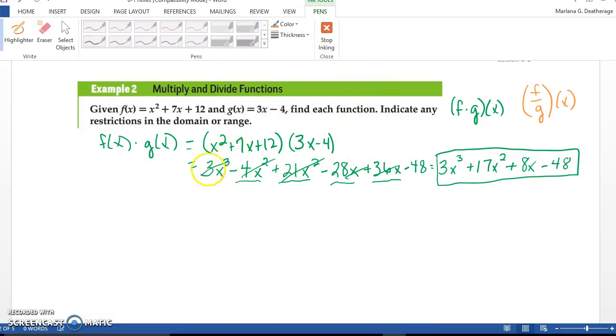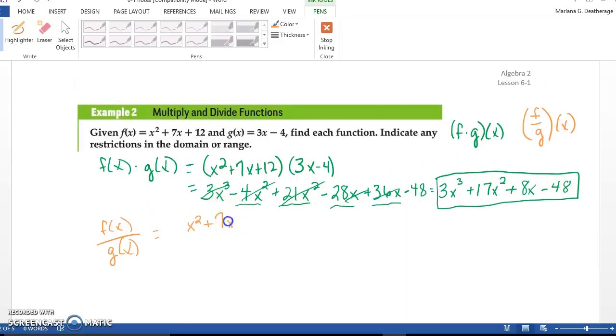Now we're going to do f of x divided by g of x. That's what this means right here. So we have x squared plus 7x plus 12 over 3x minus 4.